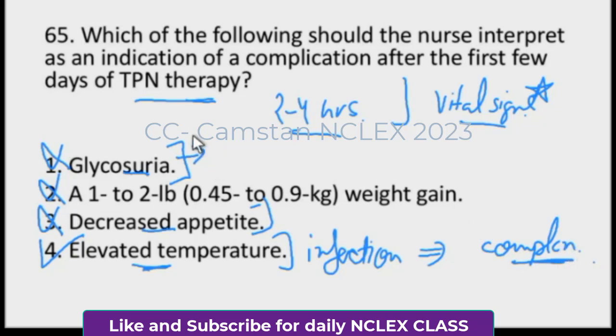So what are the complications of TPN therapy?